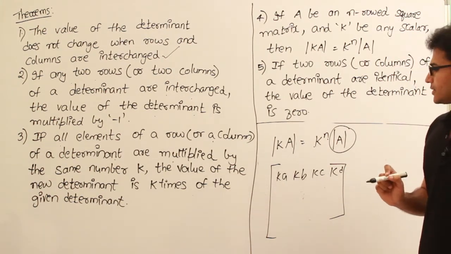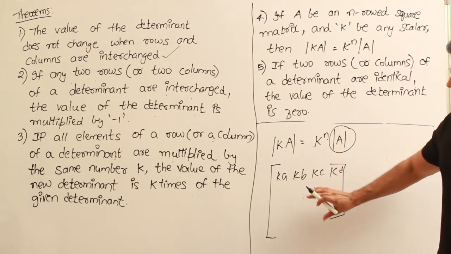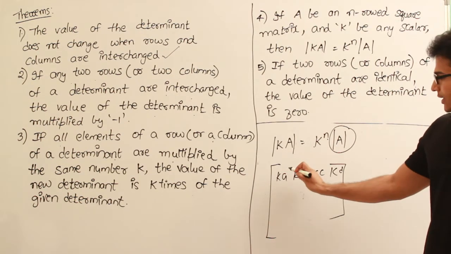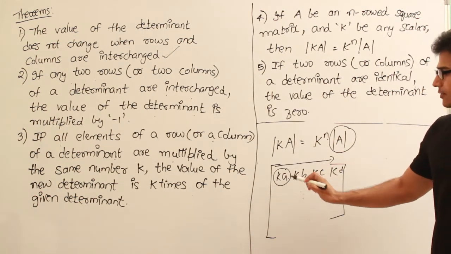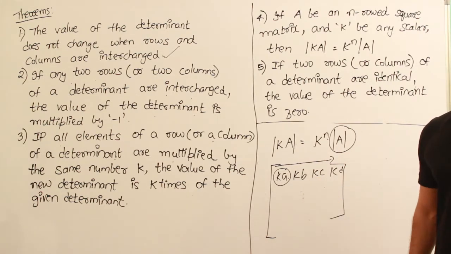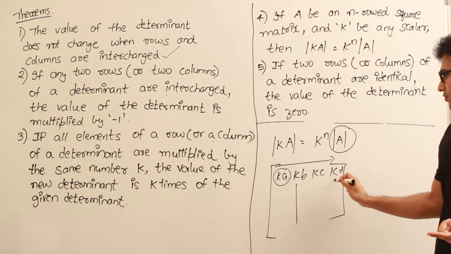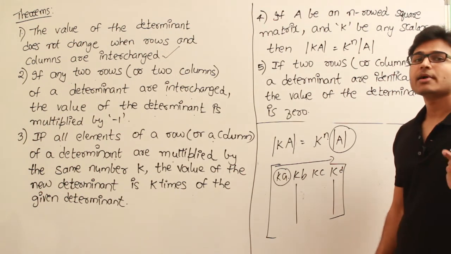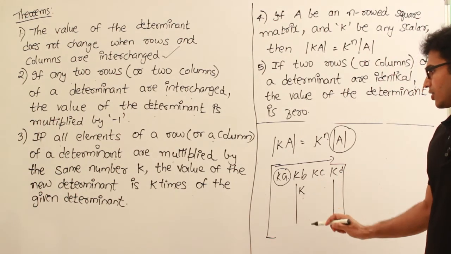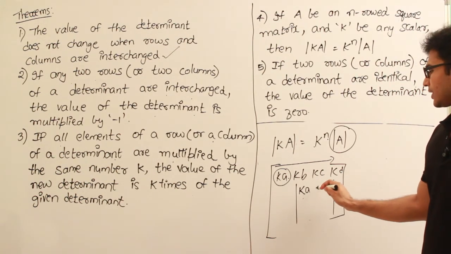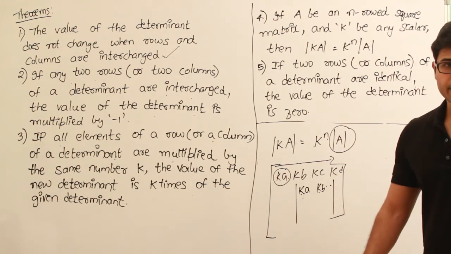Whenever you are finding the determinant of a very big matrix, we take an element. Let us say we are expanding it across this row. We take an element and then find its cofactor. In order to find the cofactor, we are supposed to find the determinant of order n minus 1, isn't it? And again there is some other matrix here, and all the elements are being multiplied with k.